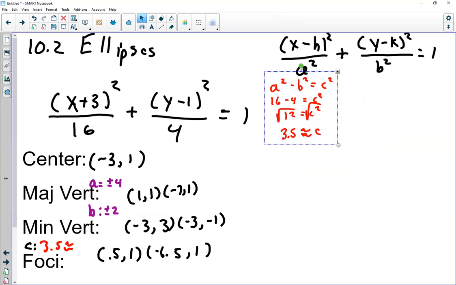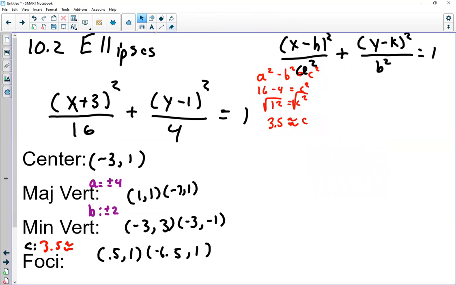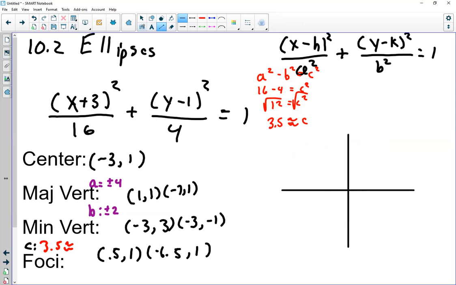We're going to graph this. Once you get all the points, it's literally just putting points on the graph. (−3, 1) over here. Major vertices, (1, 1), 1, 2, 3, 4, and (−7, 1). Oh, nice.